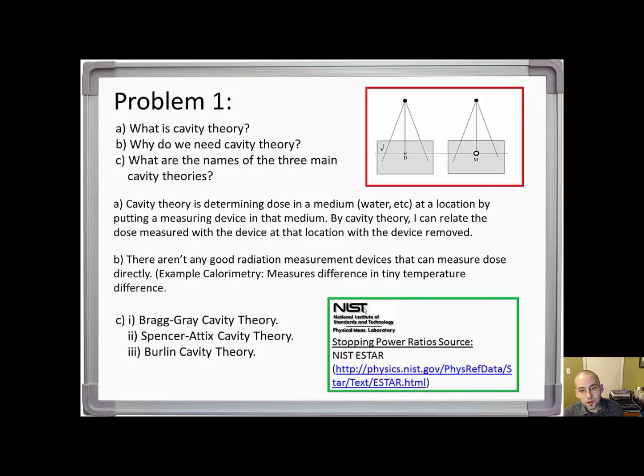Now, what this is right here is a website. Within these calculations we're going to be using stopping powers, in many instances stopping power ratios, and typically you're going to be looking up a stopping power of a material at some particular energy, like 3.889 MeV.